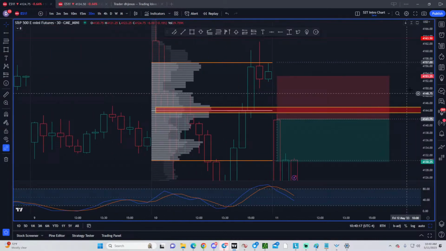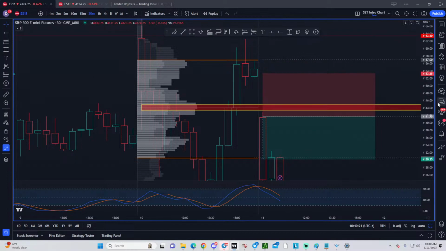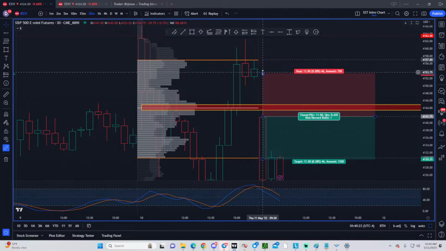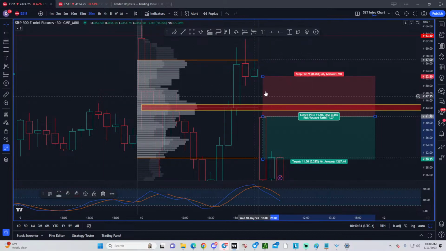I don't know if anybody wants to sacrifice or risk 11 points on an opening trade, but I won't. But what I look for is a point of reference to use it as a stop.